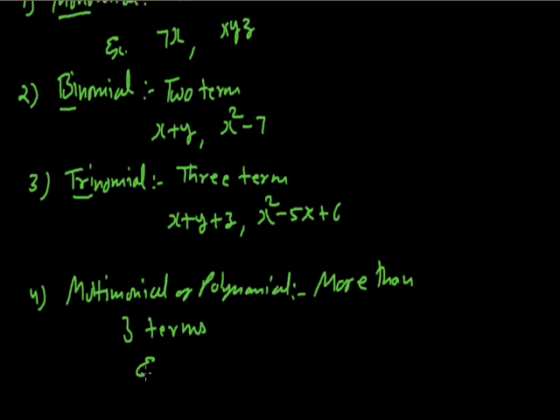For example, w plus x plus y plus z. So these are the four terms: w, x, y and z. Or for example, let's say x cube plus 5x square minus 7x plus 2. So it again contains four terms, so it is a multinomial. More than three terms means multinomial.